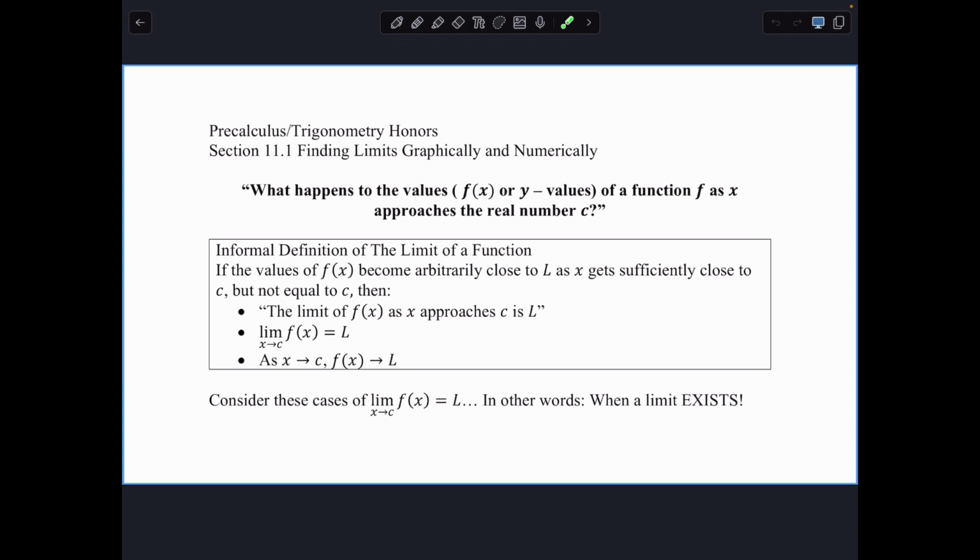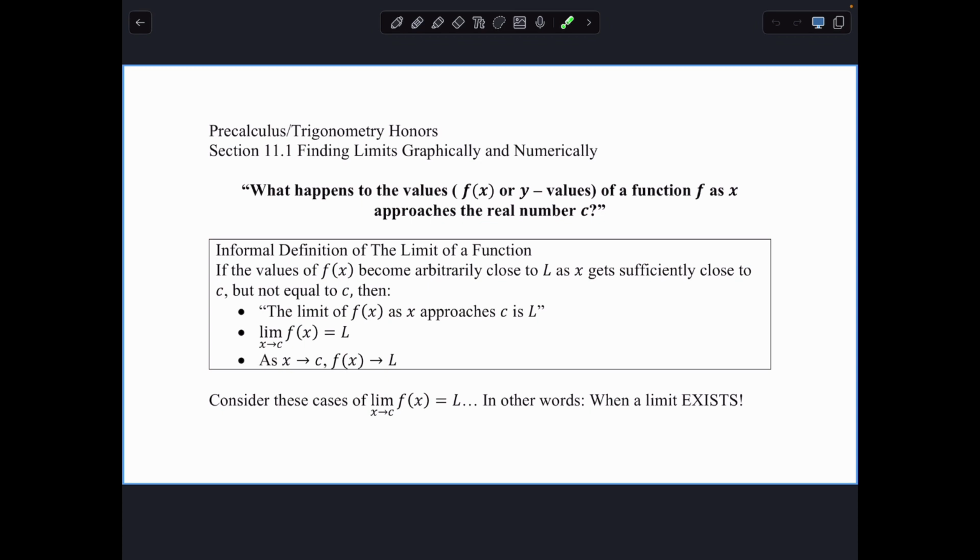Does that make sense? The different limits, though, require you to look at a function from a different perspective. Up until now, we've been so concerned about what is happening at a specific point, or based on an input, what is the output of a function, right?